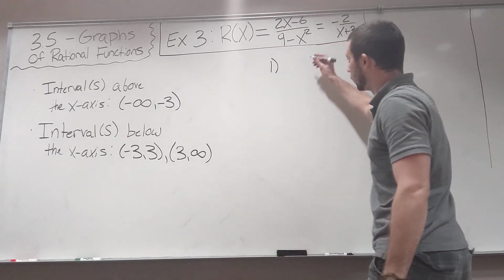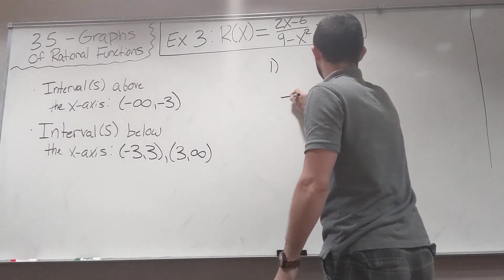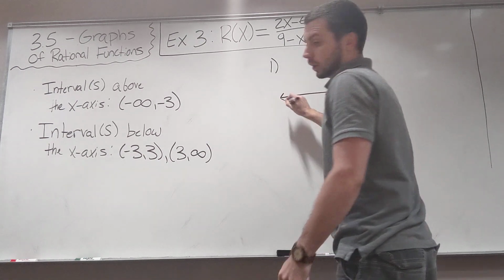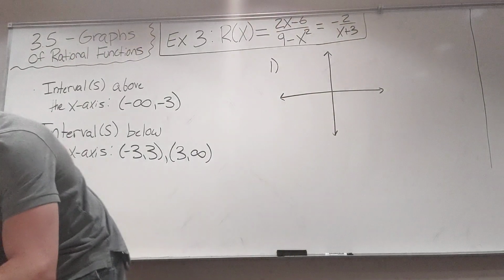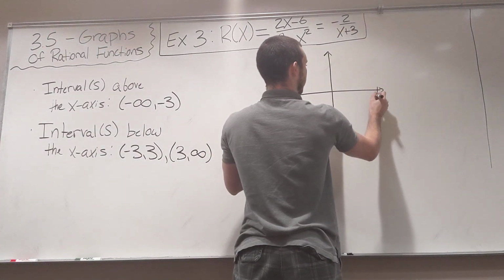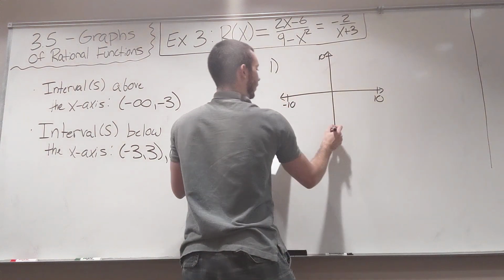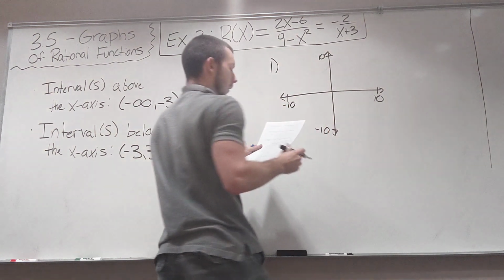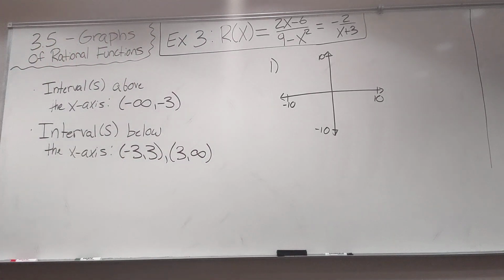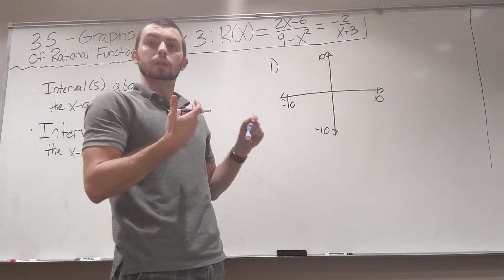So this is part L. And so let's see, with part L, it seems to have 10, -10 like that. Okay, and so we can start off by plotting the asymptotes.